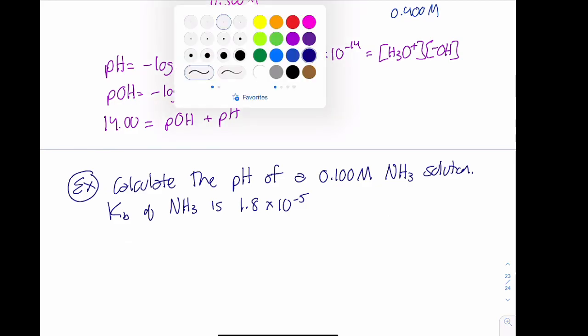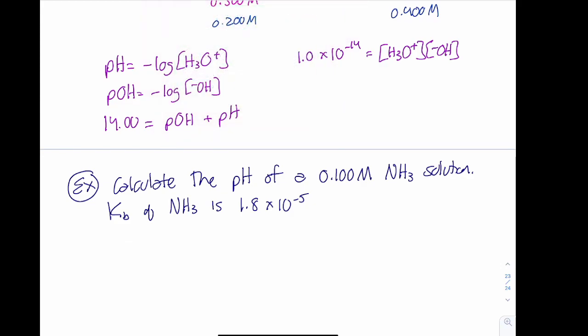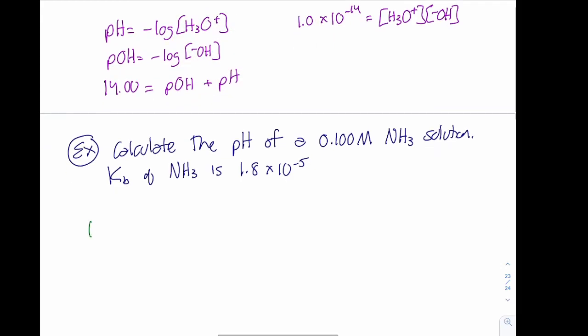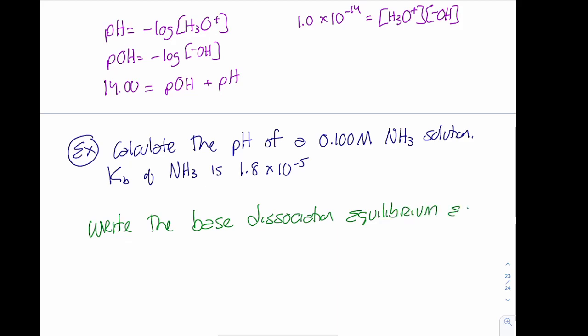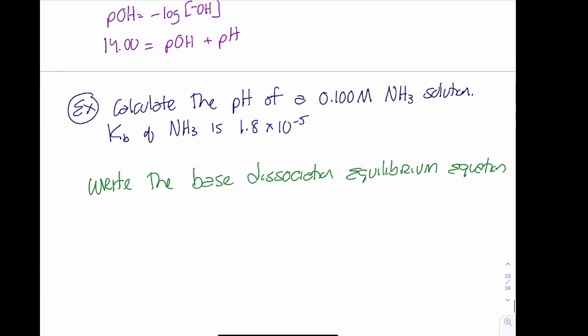So the first thing I'm going to do, and I didn't write the name of it down, so we'll do that here, is write the base dissociation equilibrium equation. When we wrote our acid dissociation equilibrium equation, it was the reaction of the acid plus water.